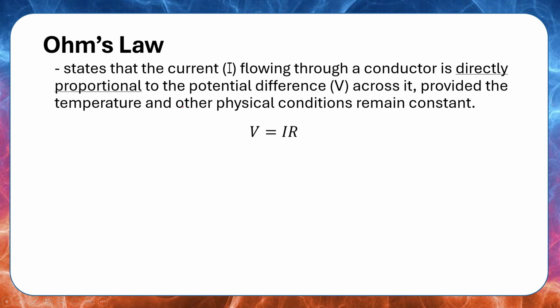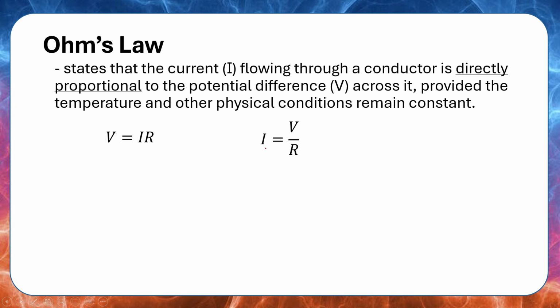Why? Because if these are not constant, there will be a chance that non-ohmic behavior happens. So as long as temperature and other factors are not involved, we will be following the ohmic method, where V is equal to IR. And V equal to IR can be manipulated in different ways depending on which one is being asked.